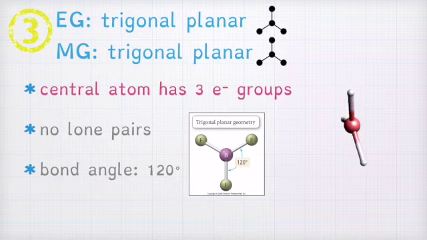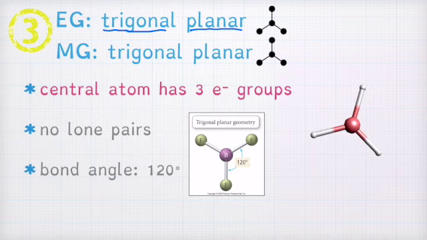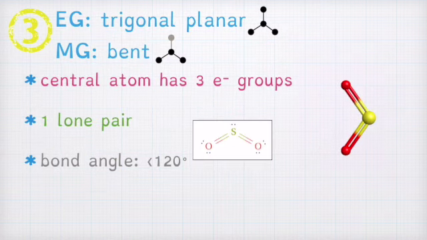They're all in the same plane as each other, and they're forming a triangular shape. So we call the name of this geometry trigonal for the triangular shape, and planar because all of the atoms are in the same plane as each other. Whenever you have three electron groups around your central atom, the electron group geometry is always trigonal planar.